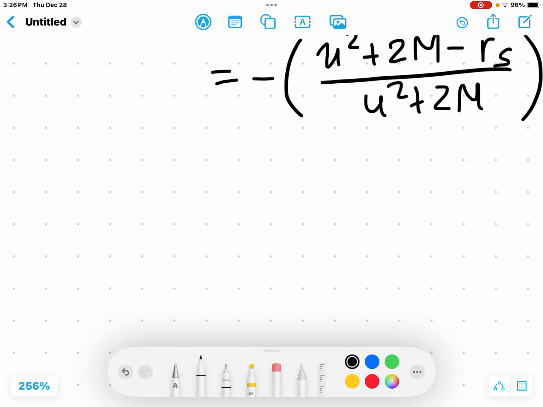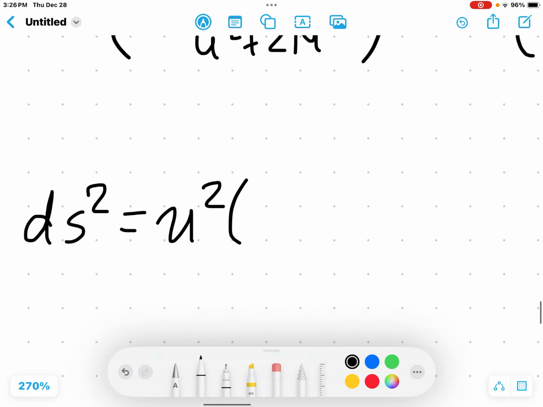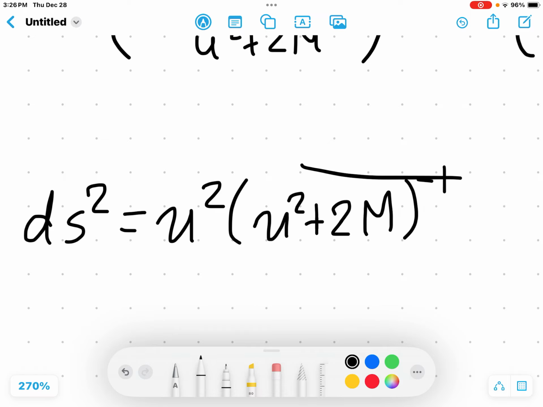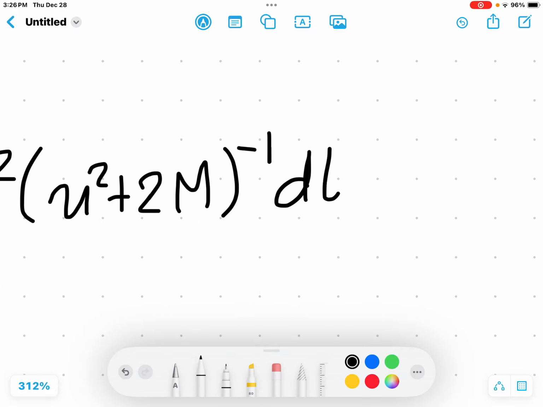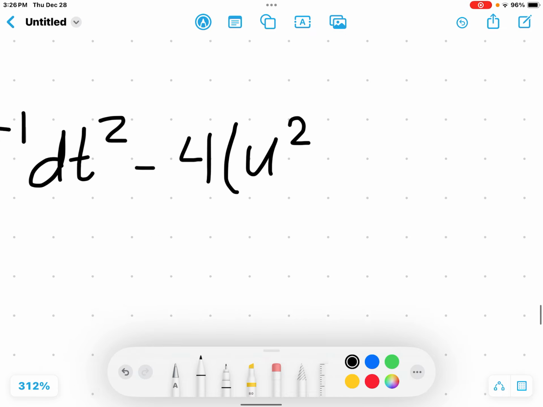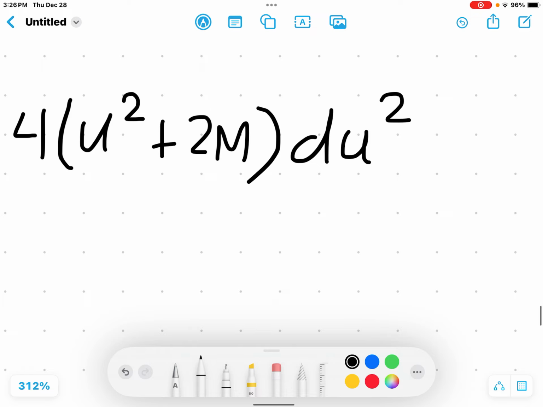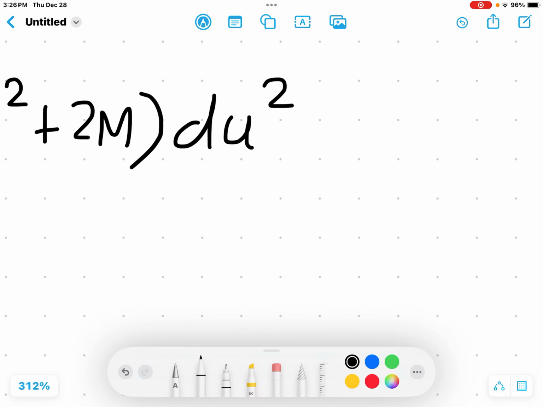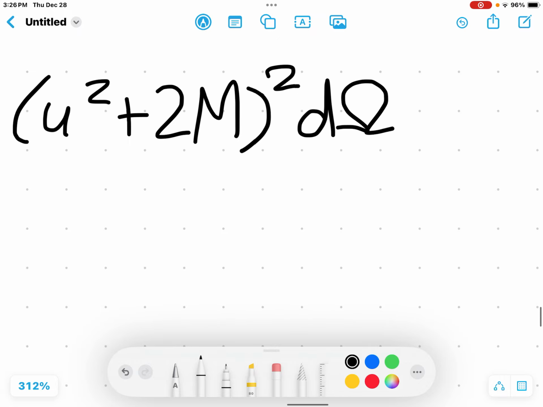Another way that people express it is ds squared is equal to u squared times (u squared plus 2m) to the minus 1 dt squared, minus 4 times (u squared plus 2m) du squared, minus (u squared plus 2m) squared d omega squared.